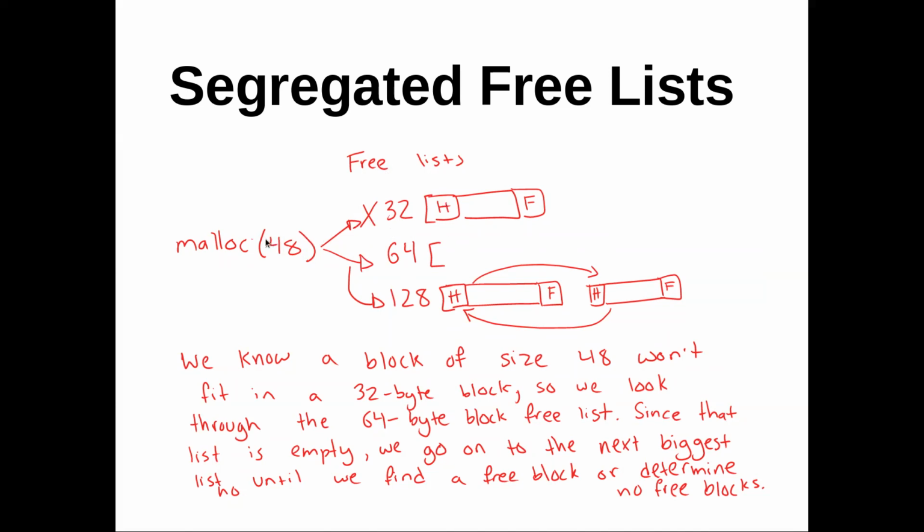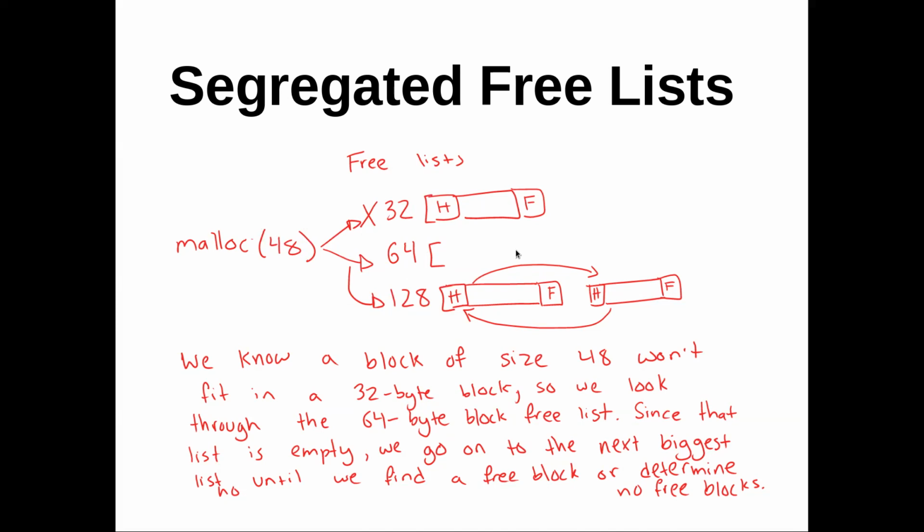So for instance, if I wanted to do an operation, malloc 48, I would not go into the size class that says 32, because this means that it could store anything that's 32 size or smaller. So then it goes to the size class of 64. And it notices, hey, look, 64 is big enough to do a malloc operation of 48. And then it might try to allocate there. If there is no free block inside this size 64 list, then it looks into the size 128 list, and it might do the malloc operation here.